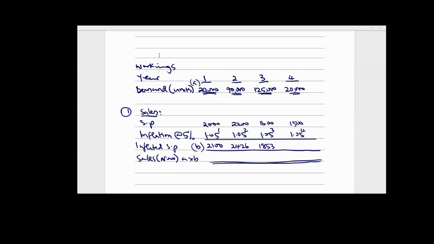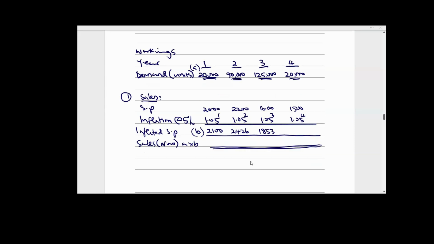Have you seen where you are given the selling price? Read it. The selling price for year 1, selling price in current price terms. Have you seen it now? Yes, sir. Okay.